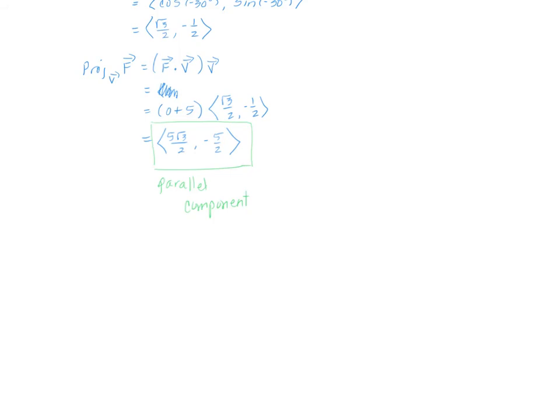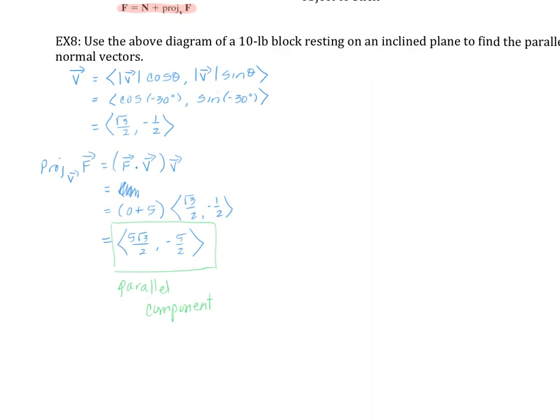And then the other thing I had to find was the normal vector. So let's go back up here. If we have that our force vector is equal to the normal vector plus the projection vector, and we know the force vector, we know the projection vector, then to find the normal vector, it's simply the force vector minus the projection vector.